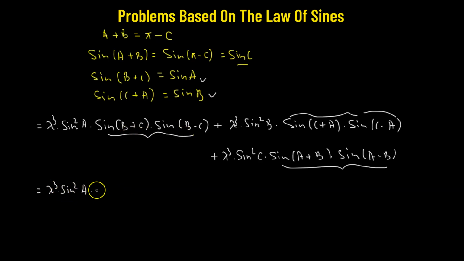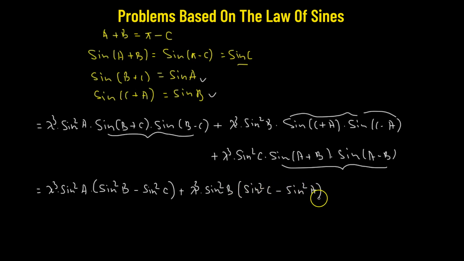Sine of B plus C times sine of B minus C, that's simply sine squared B minus sine squared C. Plus lambda cubed times sine squared B multiplied by the product of sine of C plus A and sine of C minus A, which will be sine squared C minus sine squared A. And finally we have the third term, lambda cubed times sine squared C multiplied by sine squared A minus sine squared B.